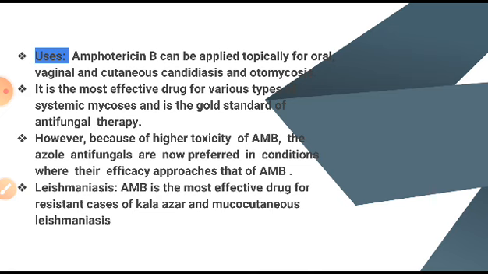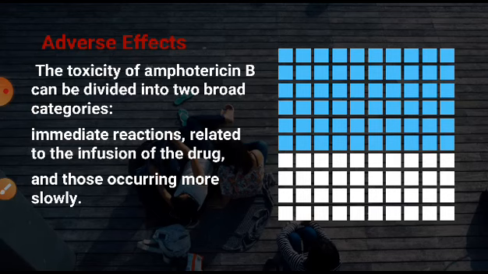To treat the serious disseminated yeast and dimorphic fungal infections in immunocompromised hospitalized patients, it is also very much used. Preferred drug for the unstable neutropenic patients with Candida albicans fungemia.